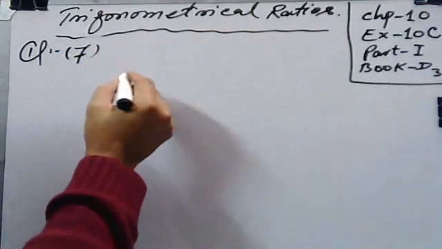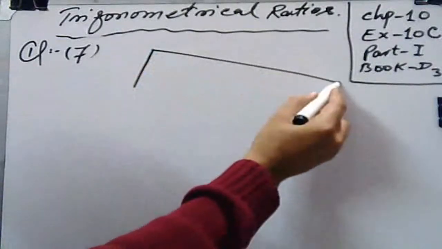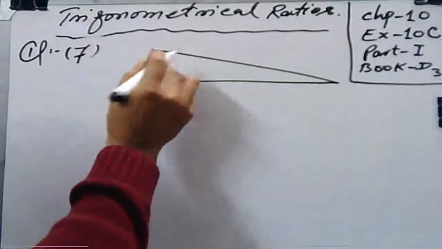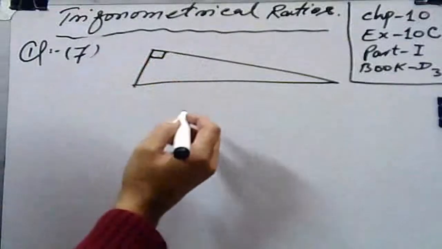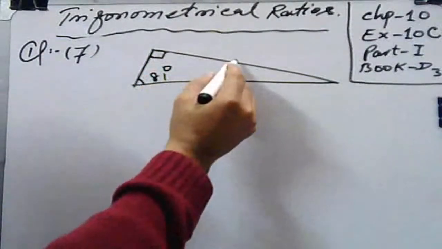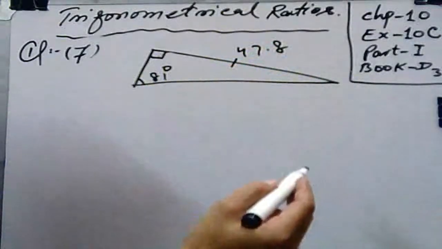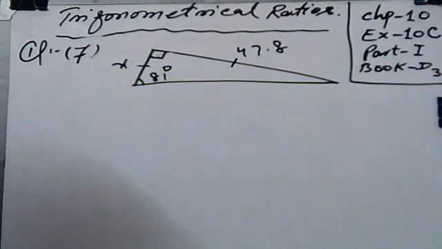The given triangle is like this, and you can see here in your book, that is your 90 angle. So this 90, and here is your 81 degree. This side is your 47.8, and this one is your x.